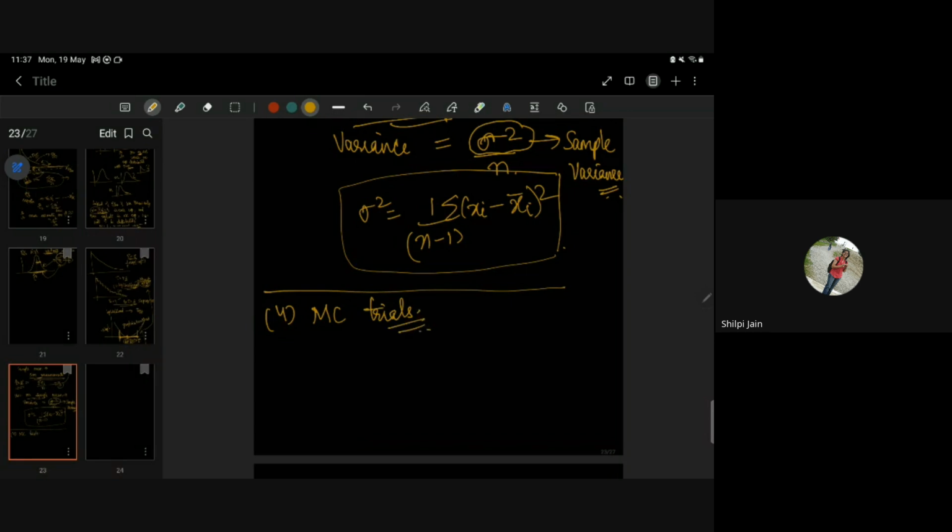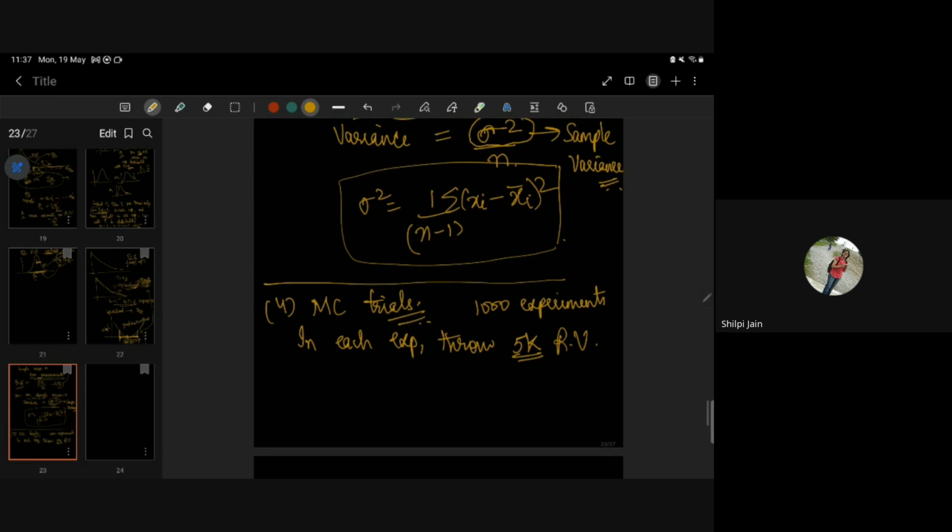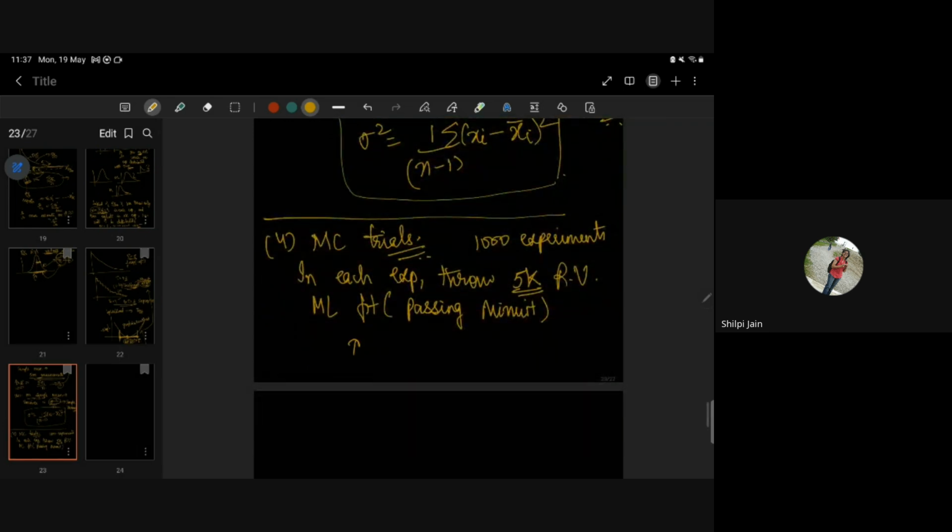So in Monte Carlo trials, you perform, let's say, 1,000 experiments. And in each experiment, you throw 5,000 random variables which are exponentially distributed. Then you do a maximum likelihood fit, maybe by passing to Minuit. That's completely fine. And then you get the fitted parameter tau.